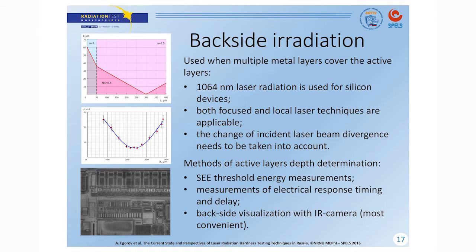To determine the depth of active layers in the substrate, several methods can be used. SE threshold energy measurements can show us the depth. Also, we can measure the electrical response timing and delay, and also we can use backside visualization with the IR camera.